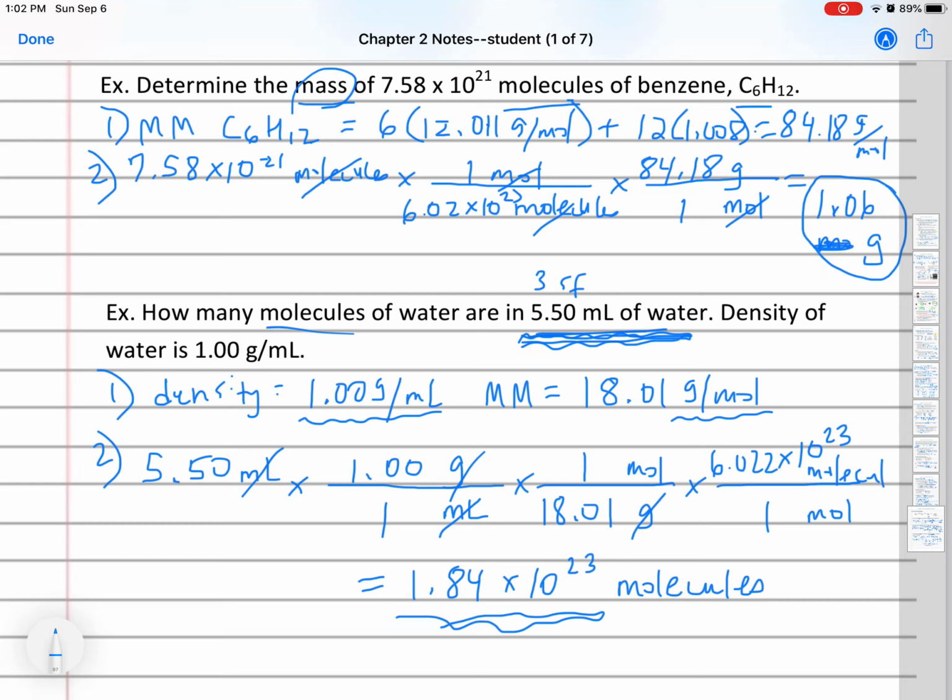So we're building on that unit conversion that you were practicing and learning in chapter 1. We're continuing to use it in chapter 2. In chemistry, we have to do these kinds of problems all the time. Convert from units using different conversion factors, which can be things like density and molar mass. So practice makes progress.